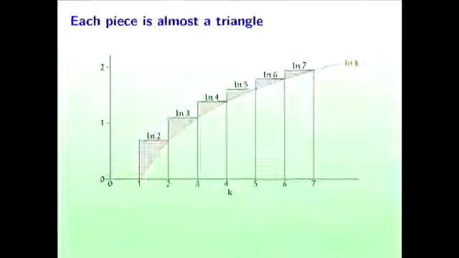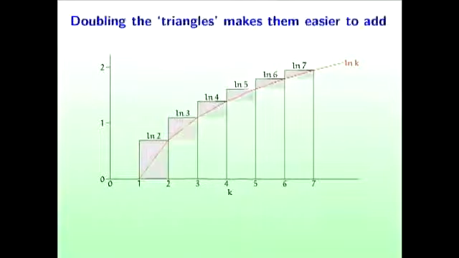So let's just straighten out each little piece of the log k curve and make triangles. And now, it turns out they're much easier to add up if you double them and make every triangle into a rectangle. Okay, so now I'm going to stop here and see if you can figure out how to add up all of those pieces. What's the sum of all of those shaded regions?